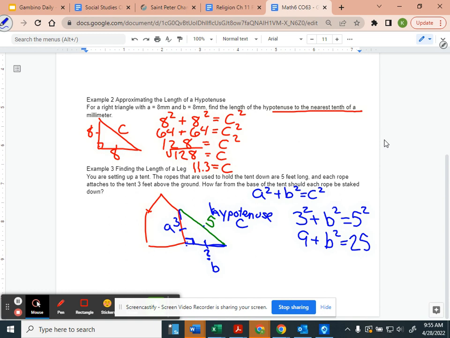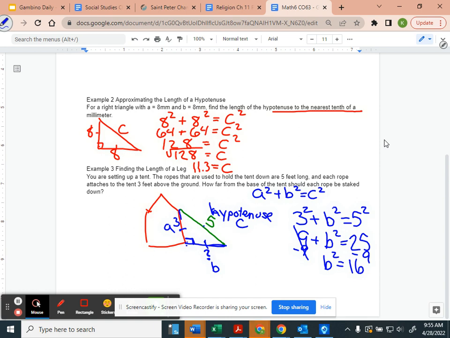Yeah, we want b by itself. So we want to do our opposite operations. We want to move that 9 over to the other side of the equal sign. 9 minus 9 is 0, so we don't have to write that. So I have b squared. 25 minus 9 is 16.